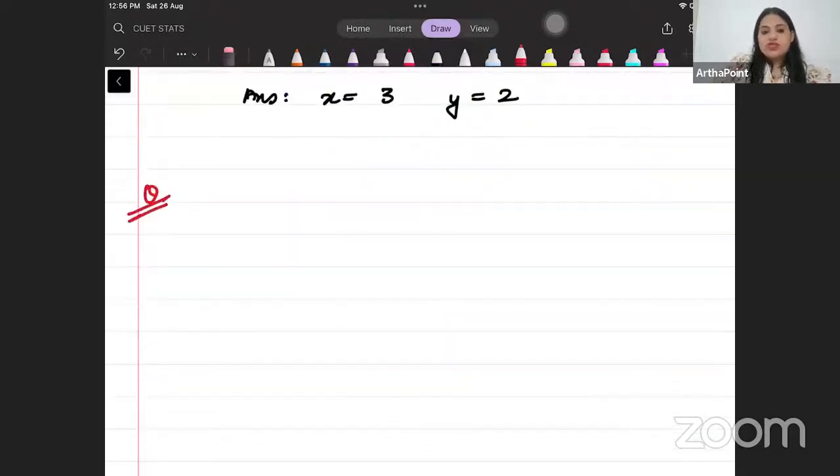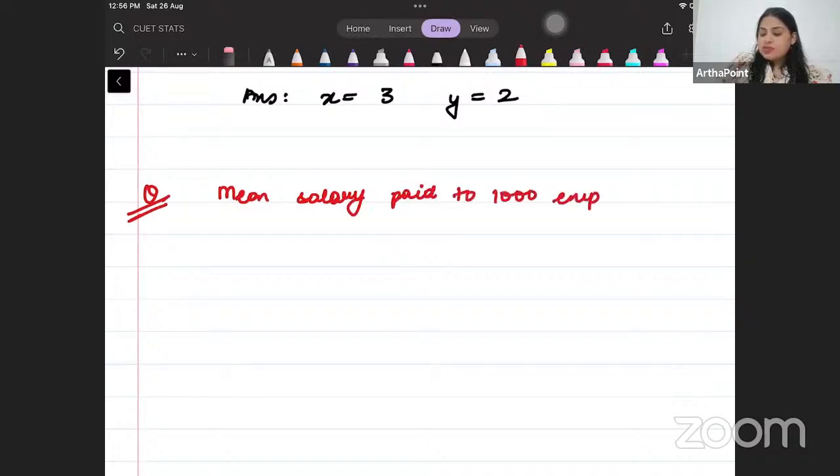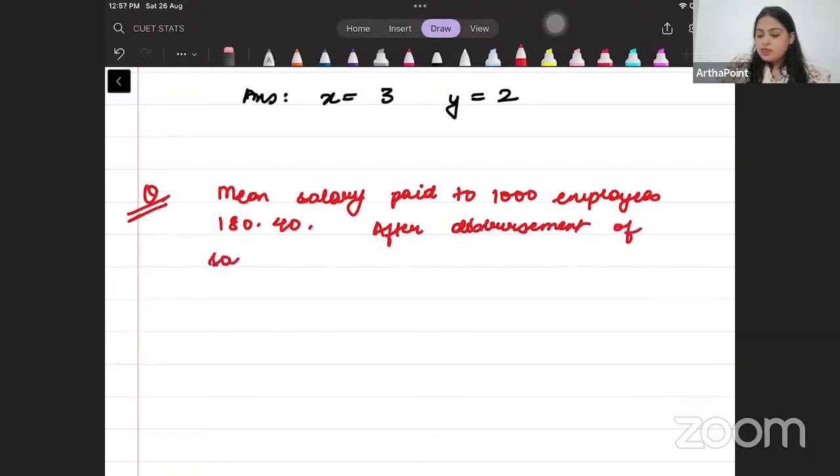So please write down the next question. You're given that the mean salary paid to 1,000 employees is given to you as 180.40. And after disbursement of salary, you're given that the salary was wrongly entered.